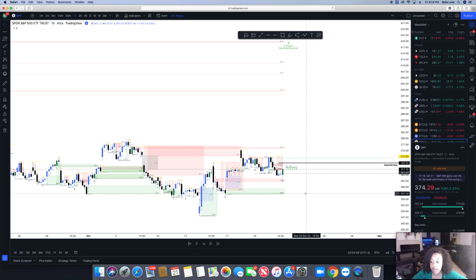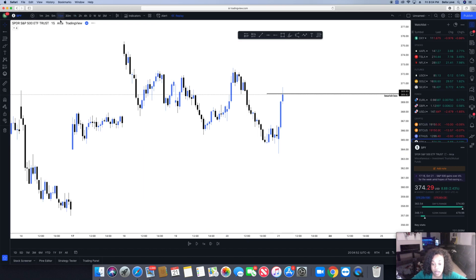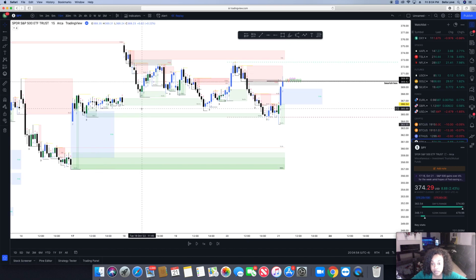There was a bearish break of structure starting from 369. I went down to the 15-minute chart. I seen clear on the 15-minute chart how SPY was rejecting from a bearish break of structure, which is in this area. It is also trading below a bearish fair value gap.